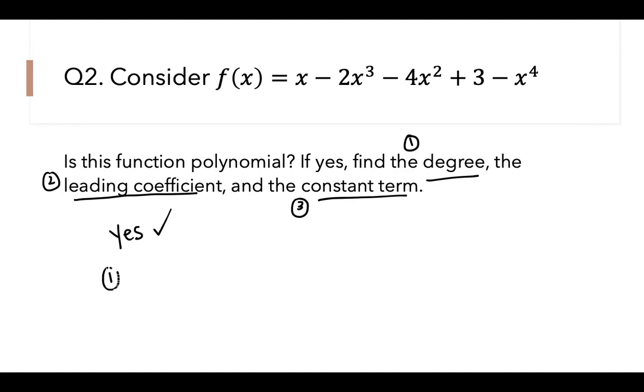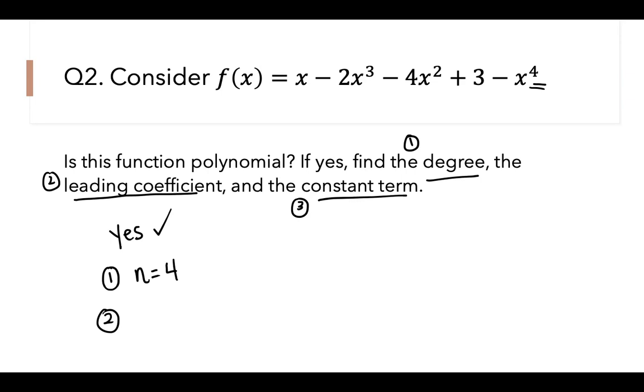Number 1, what's the degree? The degree means the highest exponent in the polynomial. The degree must be 4 here. Even though the terms are not in descending order, you have to be mindful about looking for the highest exponent. The leading coefficient is always attached to the degree.